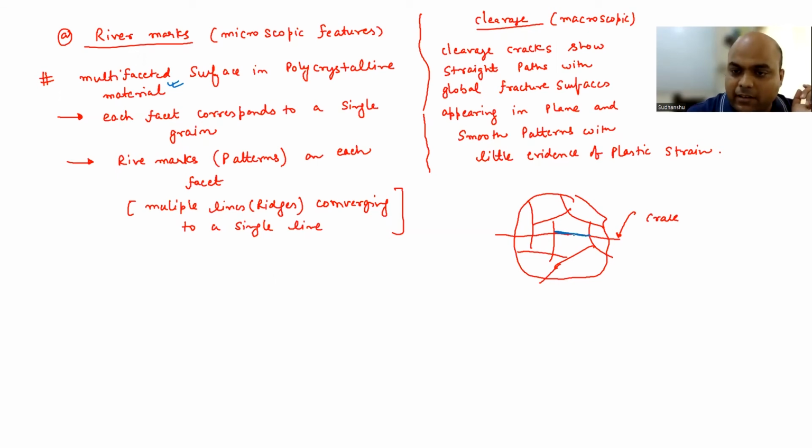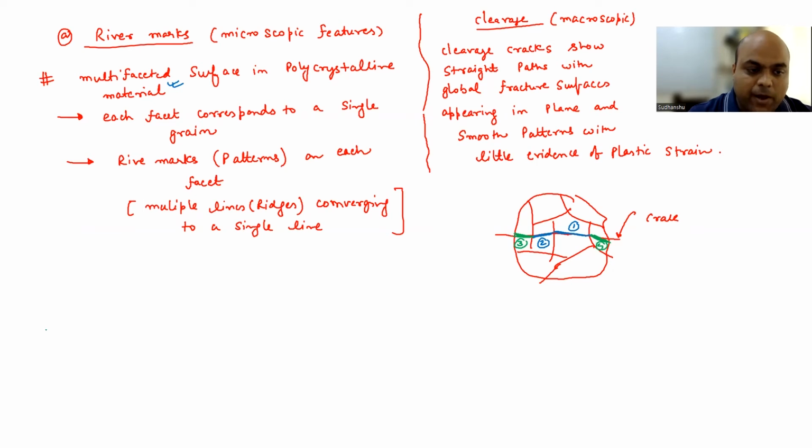So in this case, say this is number 1 facet, this grain will show number 2, then number 3 and number 4 and so on, depending upon the number of grains you have. Okay, so each facet will correspond to one grain. Now if you see that particular facet, you are going to see lots of marks, and those marks are called river marks.